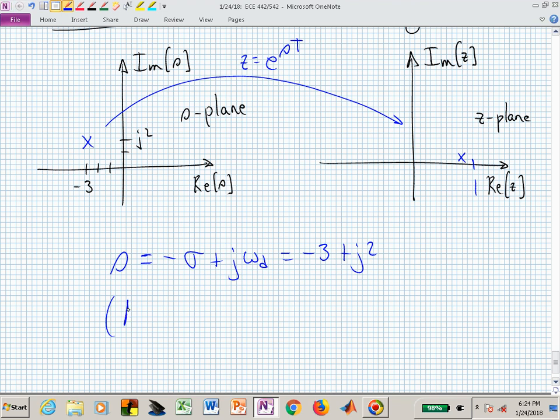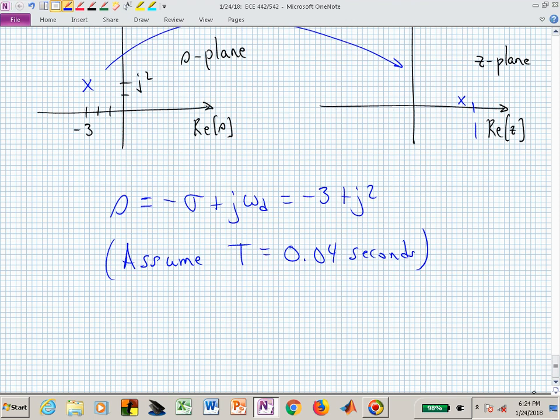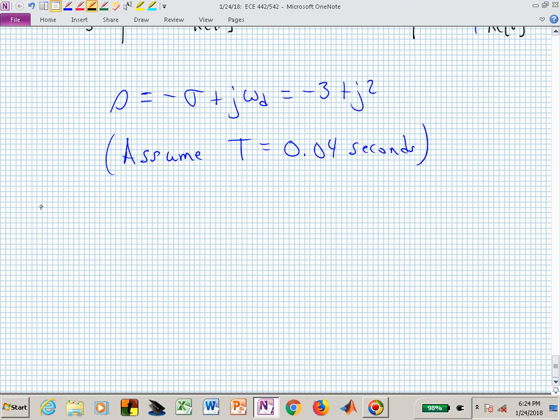And let's just assume, when we need it, that our sample period, the number of seconds per sample, will be 0.04 seconds. Where does that put us in the complex Z domain?